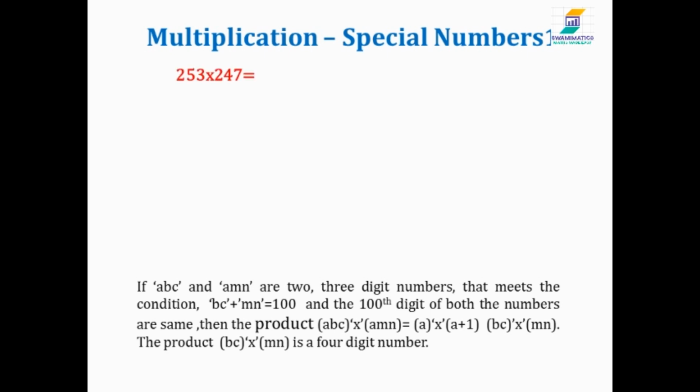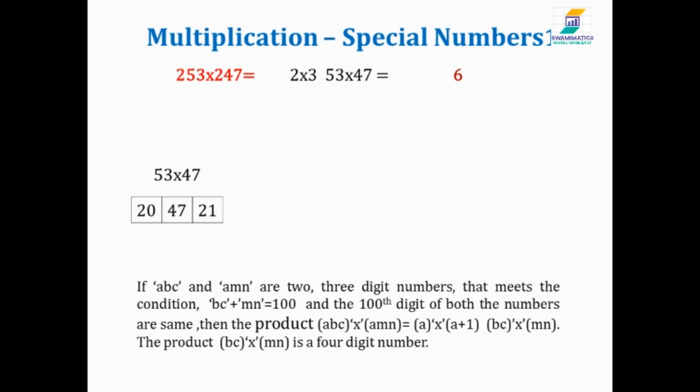253 into 247, so it is 53 plus 47 is 100. So what is it we have? 2 into 3 is 6, then next is 53 into 47. Right. How do I do 53 into 47? What is it I have done here? If you look at here, I have used the general method which we discussed earlier.